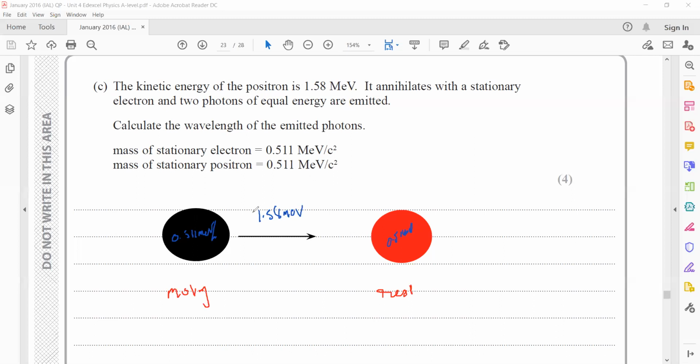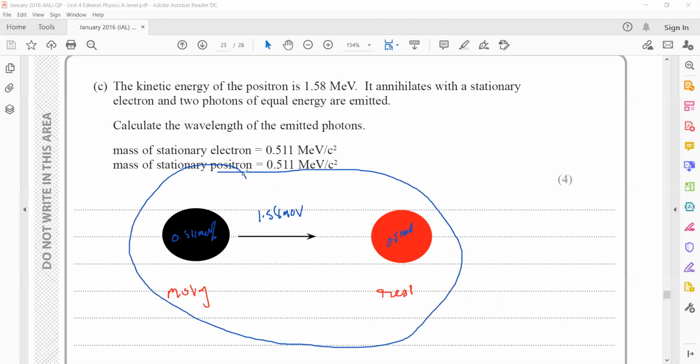So when they combine together, the total energy, the mass which produces energy and the kinetic energy, will be responsible for production of the photons. And we have to calculate the wavelength of the emitted photon. So first we'll calculate the total energy. How to get the total energy?